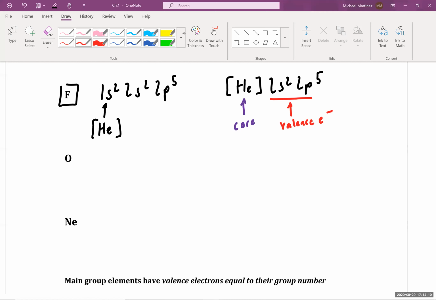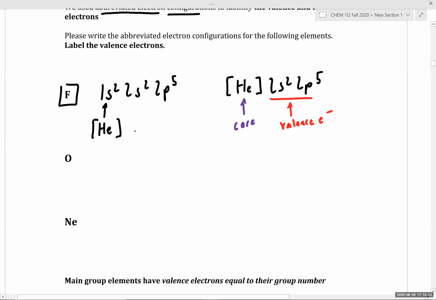An interesting thing for counting valence electrons is that fluorine is a 7A element, and as we can see very clearly, fluorine has 7 valence electrons. In general, most main group elements have valence electrons equal to their group number.